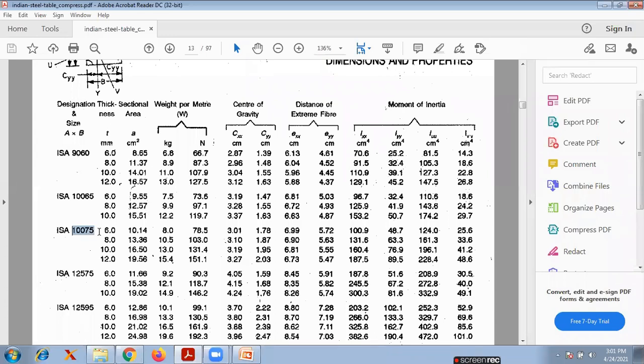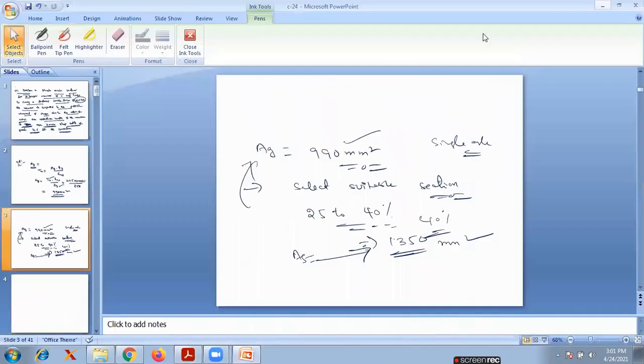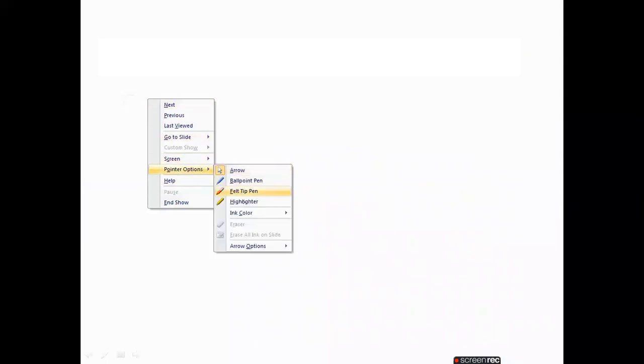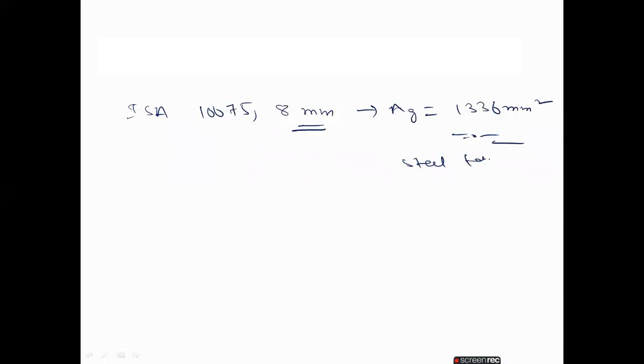Now I will choose ISA 100 by 75, thickness 8. Yes, we will try ISA 100 by 75, 8, which has gross cross-sectional area Ag equal to 1336 mm square. This was taken from the steel tables.